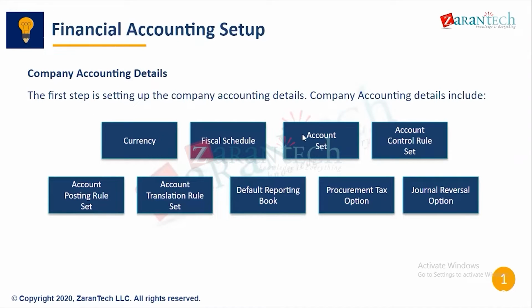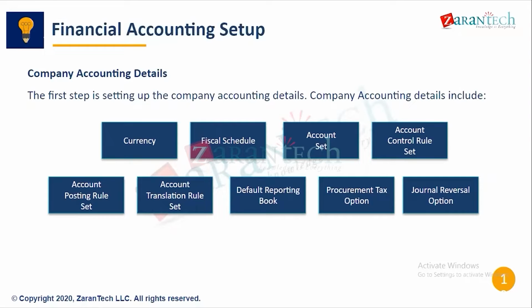In accounting setup, we design our account sets. We discussed the charts of account, and there may be different charts of account, but with a different account set that you can incorporate into your existing account set. In Workday, we have the privilege to do so.